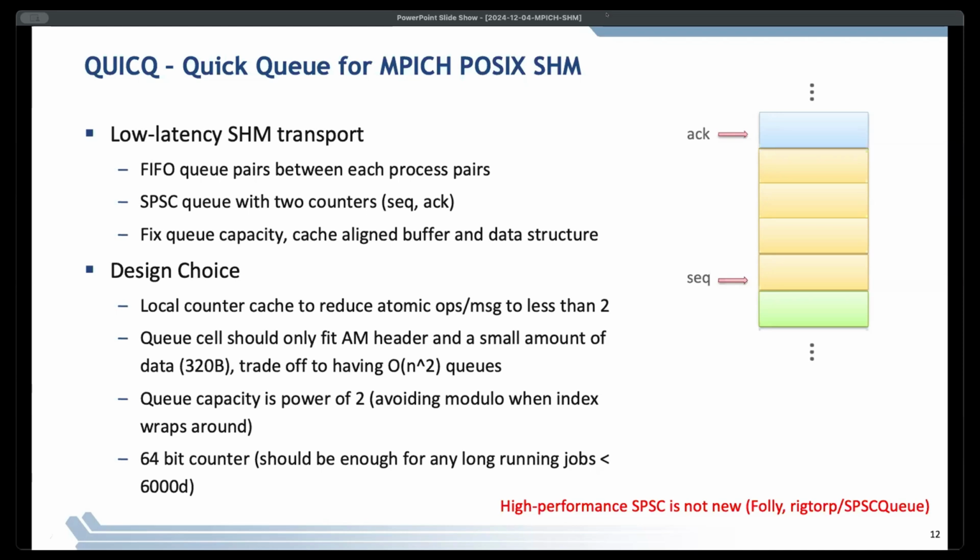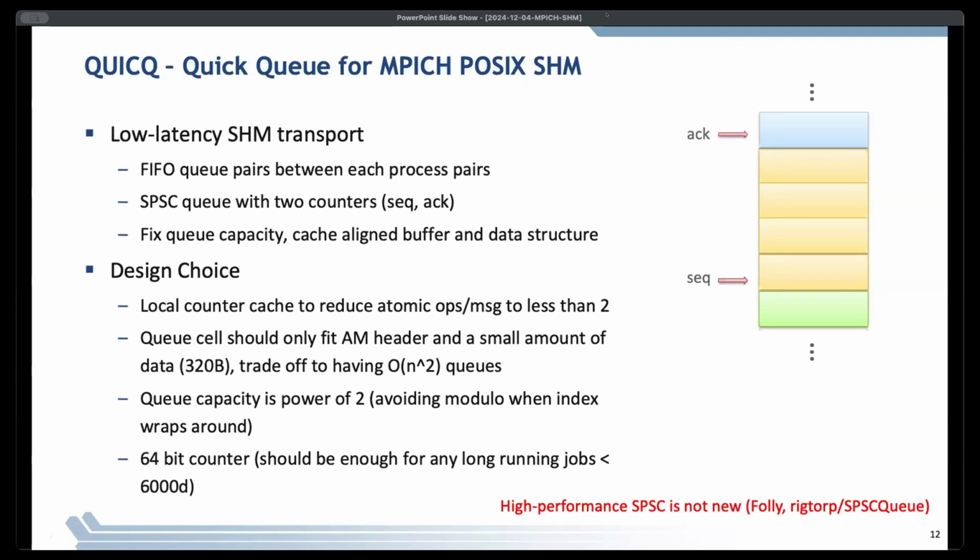But if it's not available, then it will have to look at the ACK counter and see if any previous communication has been completed by the receiver, so that buffer can be freed and reused. Which means for the sender, it may or may not need to access the ACK.